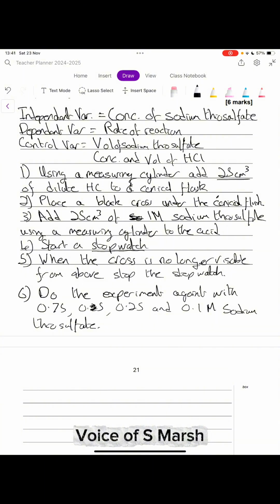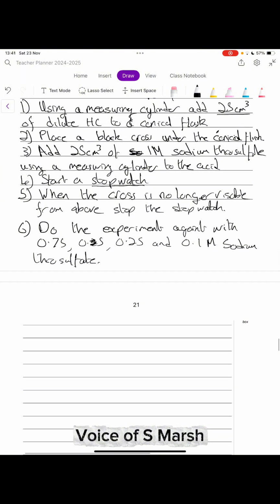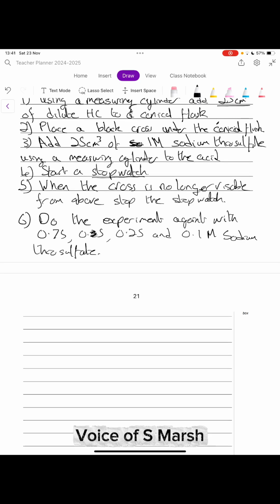That would also be acceptable. Now we can also say, just to kind of hedge our bets, step 7, repeat the experiment 3 times. It's always a good thing to write, and calculate the mean time taken.